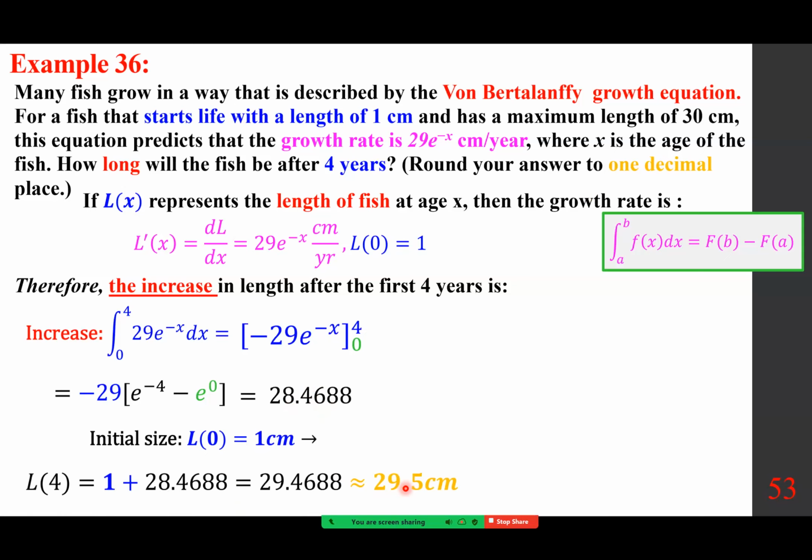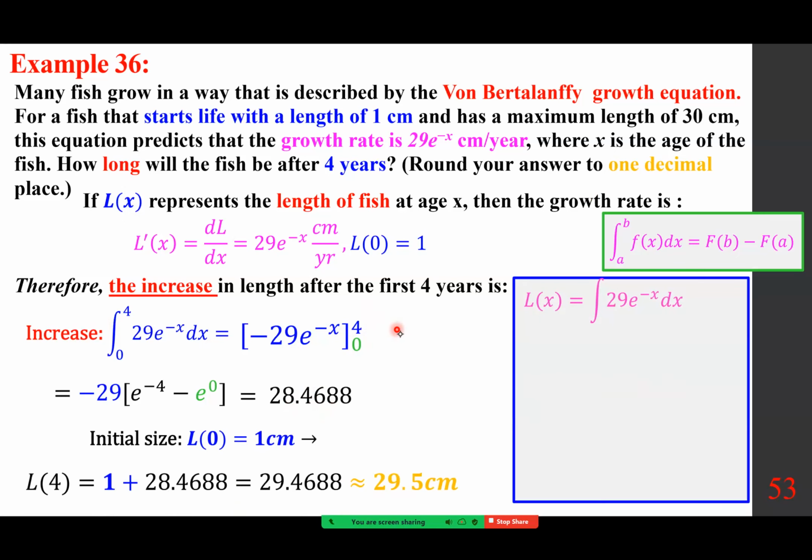And again, I'm going to show you the second method as it was discussed in another example. If we have this one as negative 29 e to the power minus x from 0 to 4, then L of x in general is the integral of that, which is negative 29 e to the power minus x plus a constant, and L of 0 was 1, right?